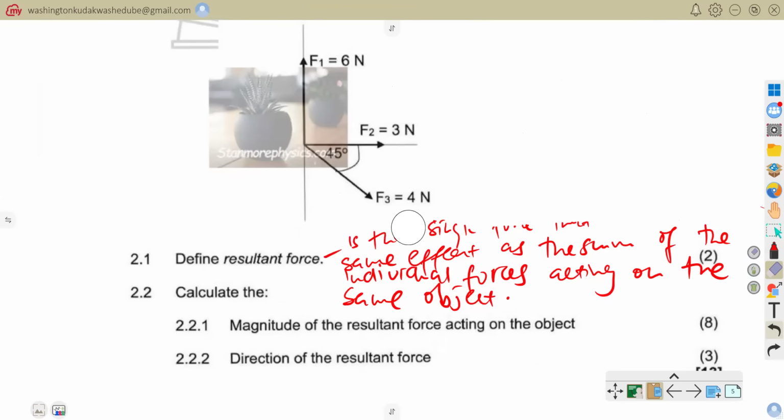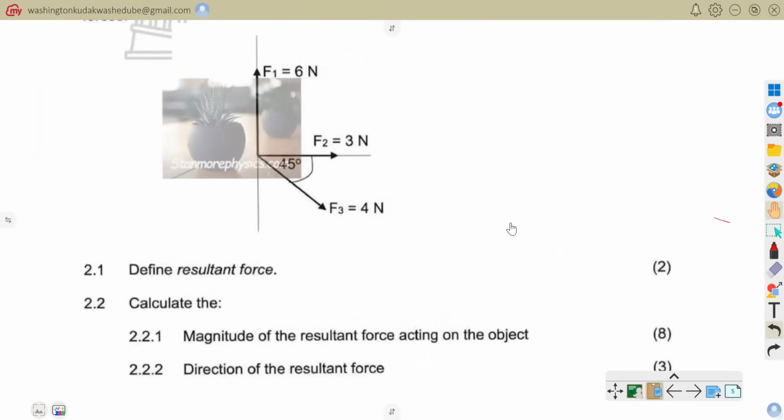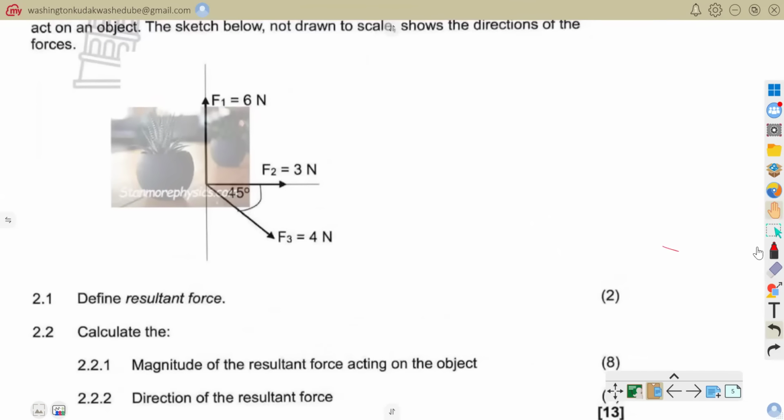Just allow me to wrap this now. I would use this space here. I'll start with my y forces. The resultant on the y would be given by F1 plus the vertical component of F3.